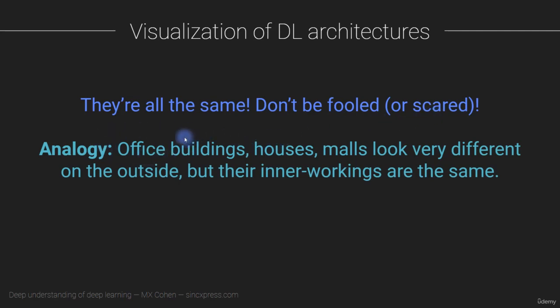Here's an analogy. Different kinds of buildings may look very different from each other, and different kinds of buildings are suited for different purposes, but the electricity, the plumbing, the windows, the ventilation systems, the physics that govern the structural integrity, that's all exactly the same in all these different kinds of buildings.